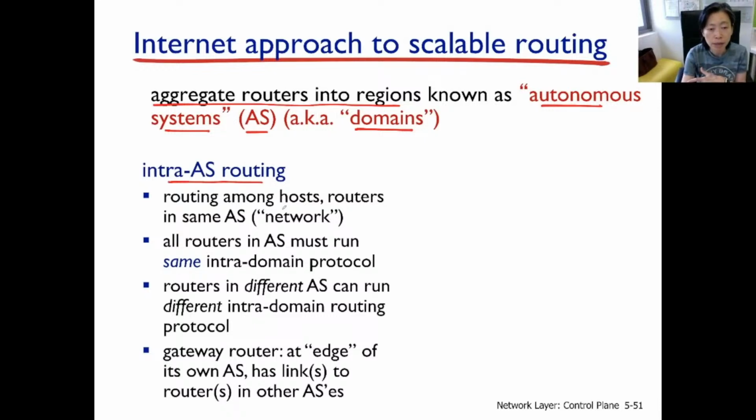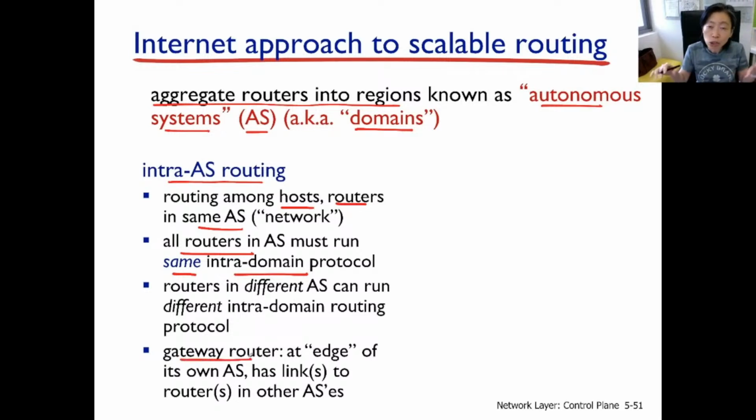So you see here, it's the routing protocol running among all the hosts and routers in the same AS. All routers in the same AS will need to run the same intra-AS protocol. Routers belonging to different ASs can then run different intra-AS protocols. That is an independent, autonomous choice of the network admins individually.